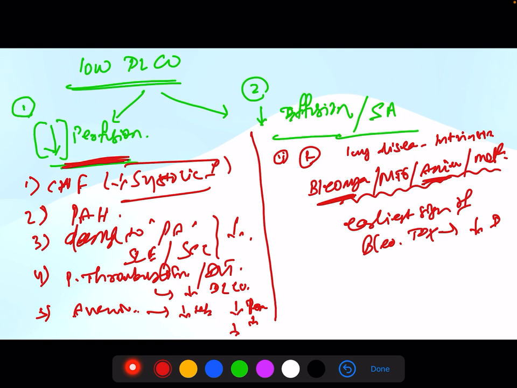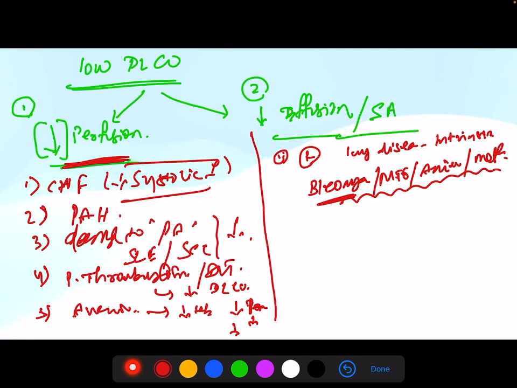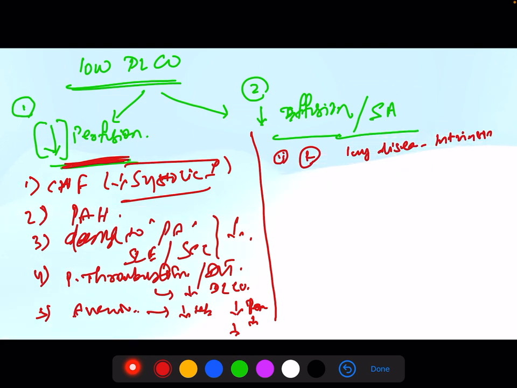Got it? Okay. So these drugs affect the diffusion process, decreasing the effective surface area for diffusion, so leading to a decrease in DLCO. Got it? Then COPD. COPD is basically divided into two entities.